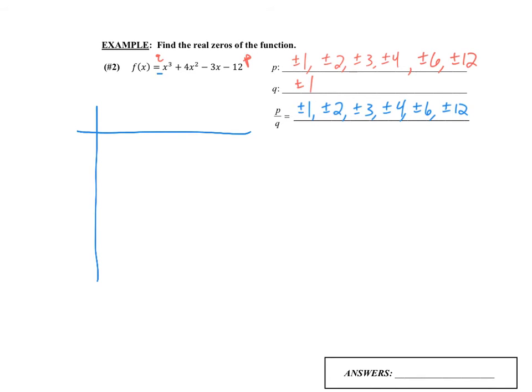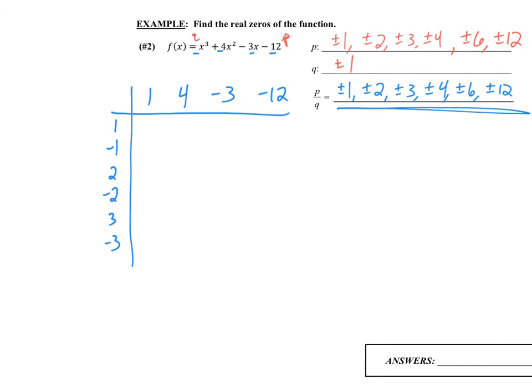You put all of these numbers across the top: 1, 4, -3, -12. And you put all the possible zeros across the side. So we got 1, -1, 2, -2, 3, -3. And we can try these numbers out first to see if they give us a 0.